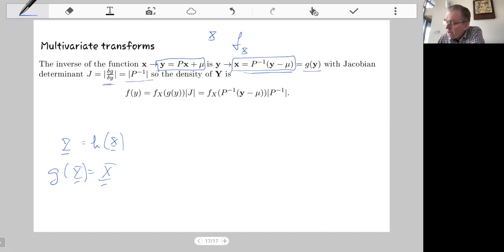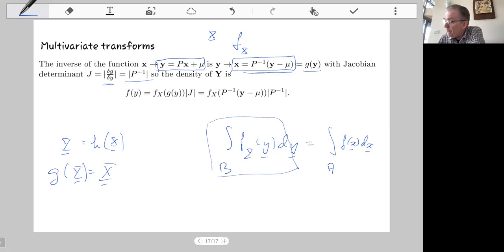Now, we have the general result that the integral of the density of y over some region b in y space will be a corresponding integral over x space. The probability that x is in a region is the same as the probability that y is in a corresponding region on the other side. Now, the Jacobian of the transformation tells you that the integral over x in a region is the same as the integral of this particular function here.